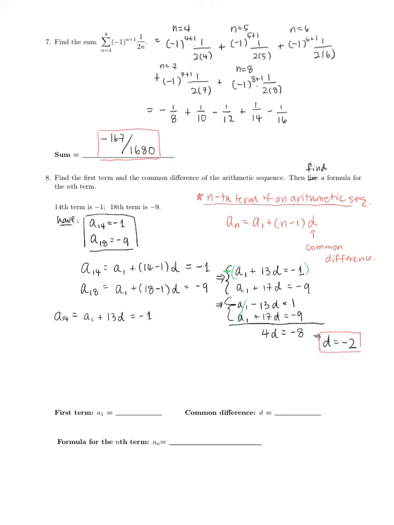The common difference is negative 2, so that implies that a sub 1 plus 13 times negative 2 is going to be negative 1. So that means a1 minus 26 equals negative 1, add 26 on both sides. So that means a1 must be 25.